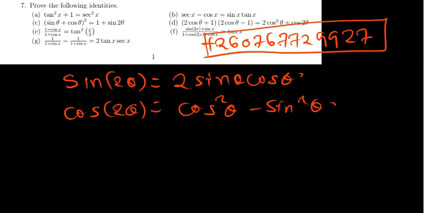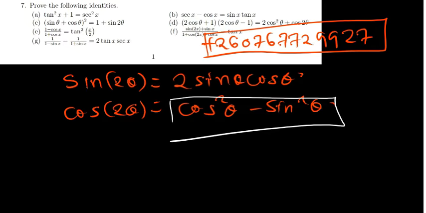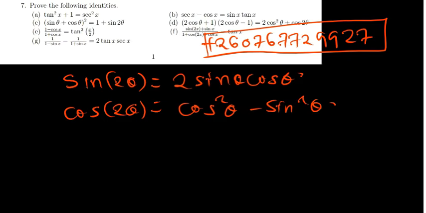We can also work with sine squared plus cos squared being 1, and make 1 the subject of the formula. I can have another identity, where I know that sine squared theta is the same as 1 minus cos squared theta.